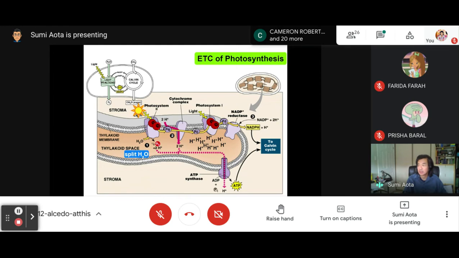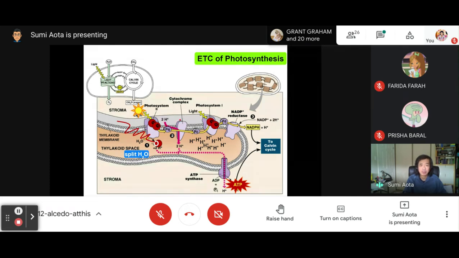You have to replace those two electrons, so there's going to be a Z protein here, which is going to split water and donate 2 electrons back to photosystem 2, and oxygen will be given off. The electrons then will go through this system.